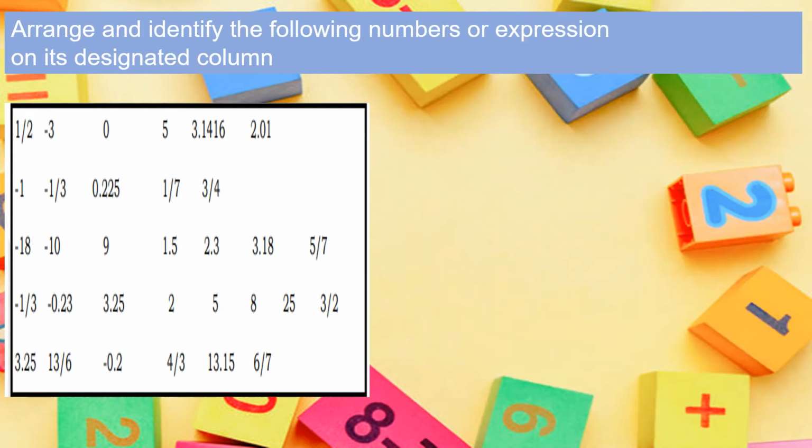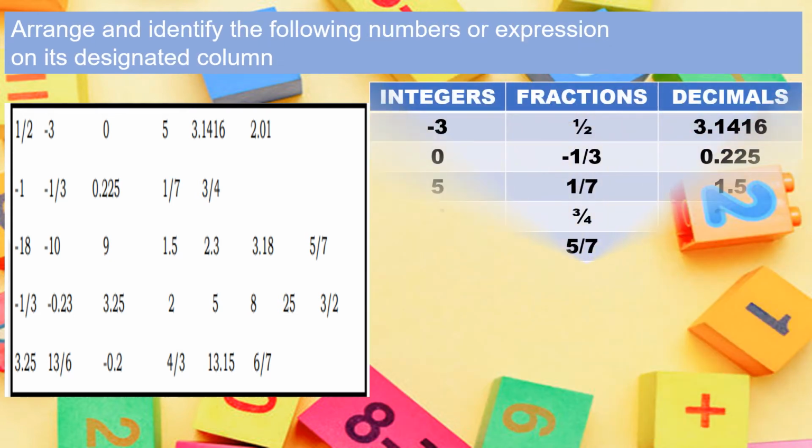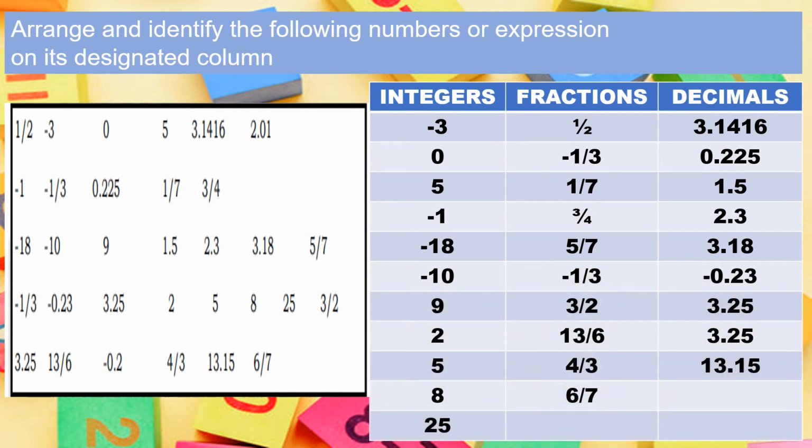Okay, so let us see. So the integers, negative 3, 0, 5, negative 1, negative 18, negative 10, 9, 2, 5, 8, 25. Fractions, 1/2, 1/3, 1/7, 3/4, 5/7, 1, negative 1/3, 3/2, 13/6, 4/3, and 6/7.